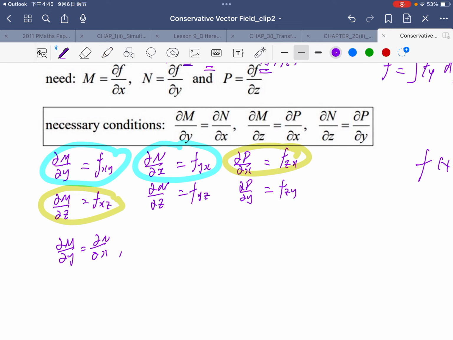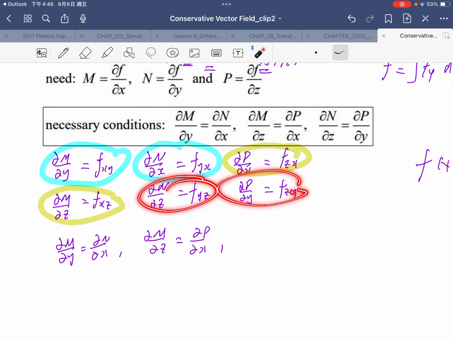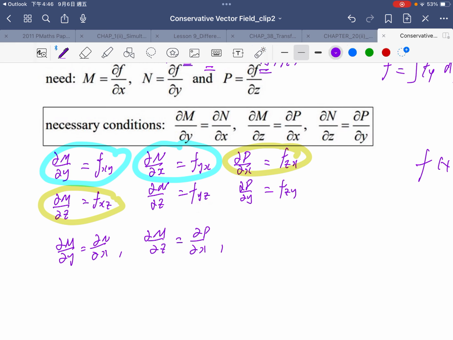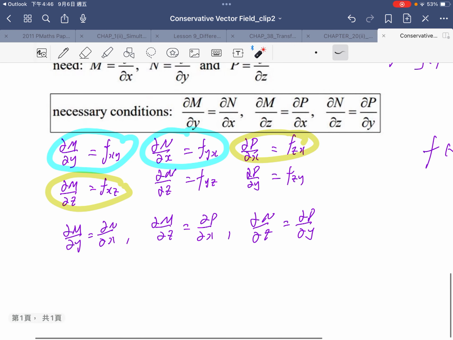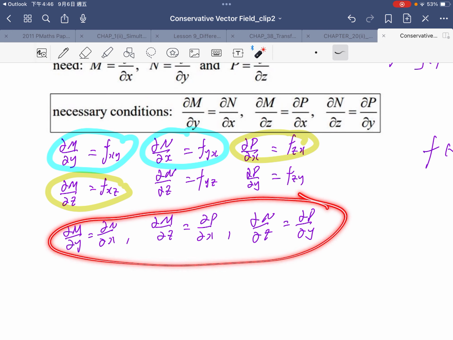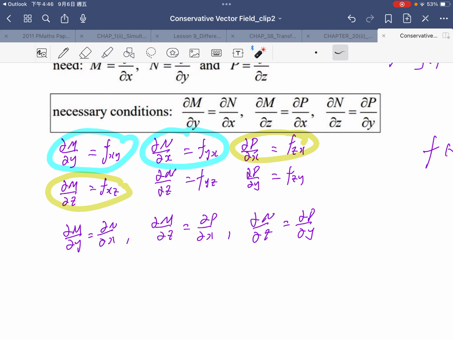Therefore, we have the second equation ∂M/∂z equal to ∂P/∂x. And finally, these two should be equal because we can change the order of x, y, and z. Therefore, ∂N/∂z equal to ∂P/∂y. This is the condition for the vector field to be conservative. This is a necessary condition.